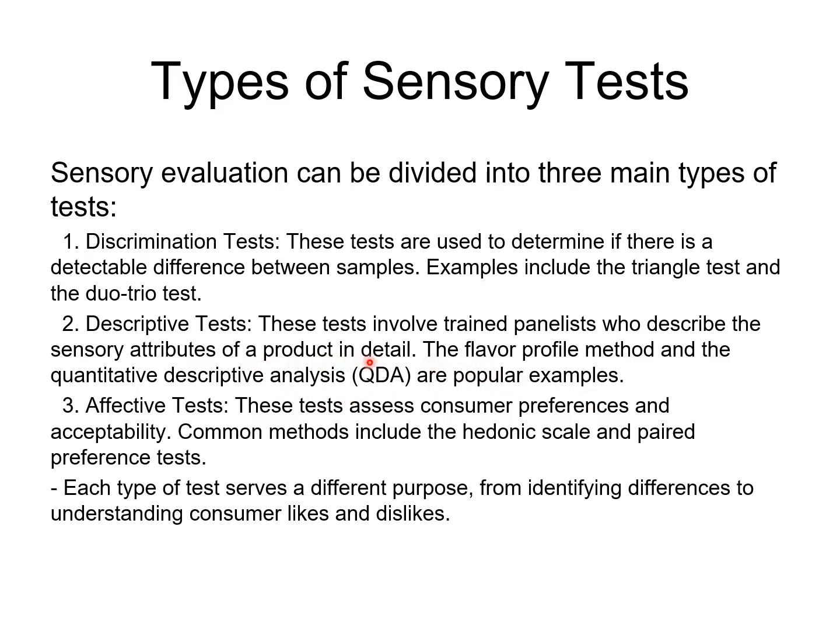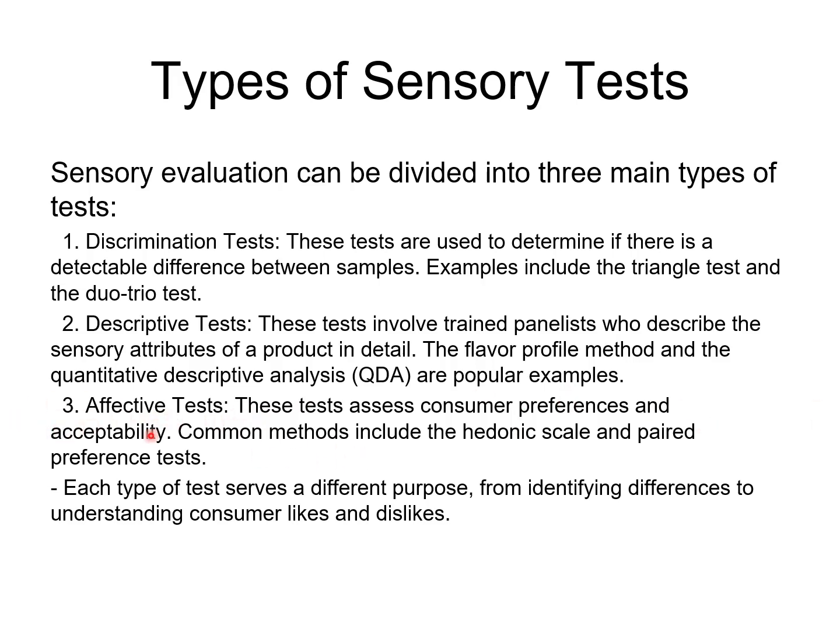They have to mention everything in detail about the texture, the mouthfeel, and the color differences. The flavor profile method and quantitative descriptive analysis are the popular methods for this.